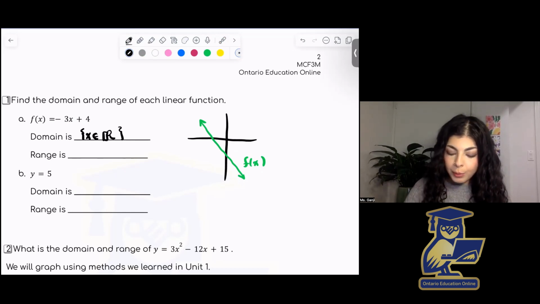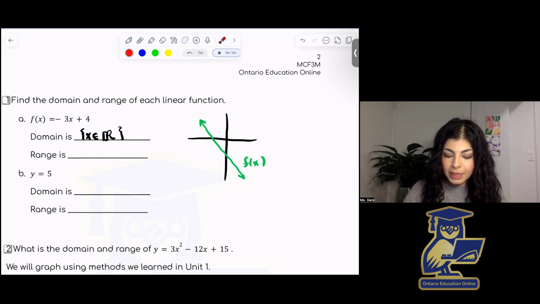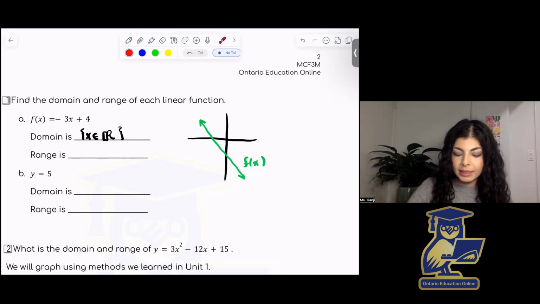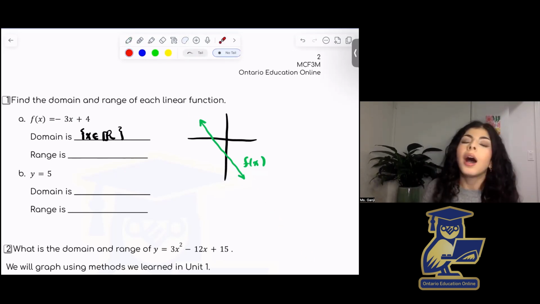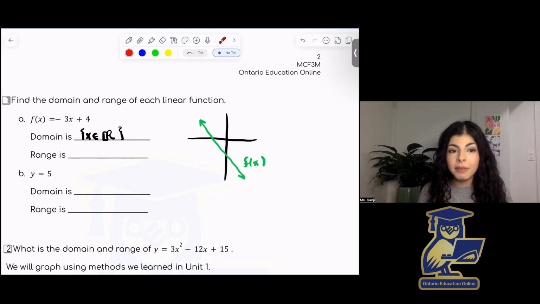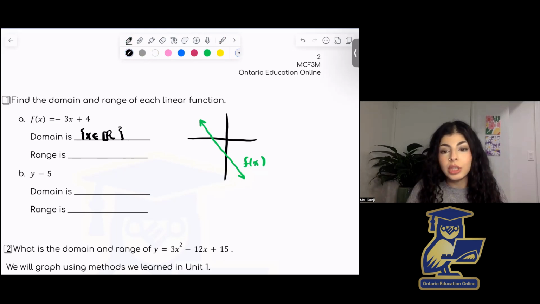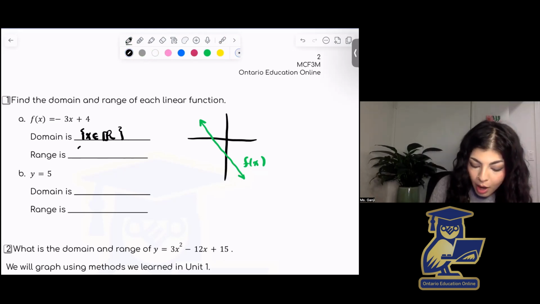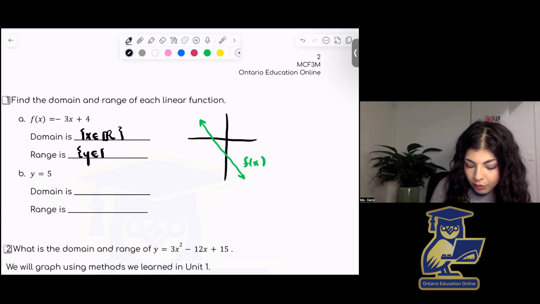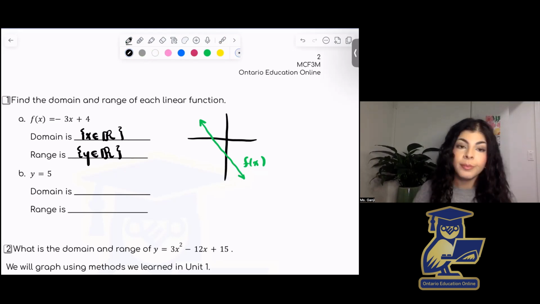Similarly, I hope you know that when we write these arrows, it means that our line is extending infinitely upwards and downwards, which means that eventually we will also hit all values of y, which is our output value. So y can actually be all the real numbers as well.